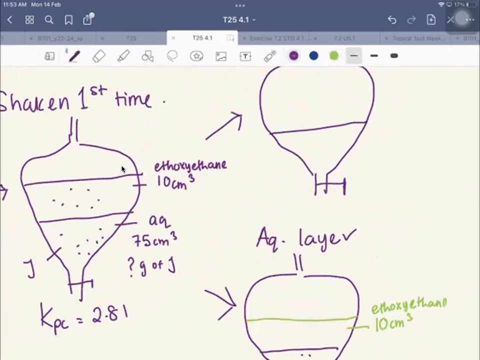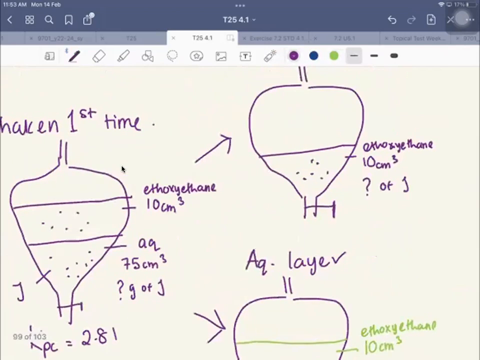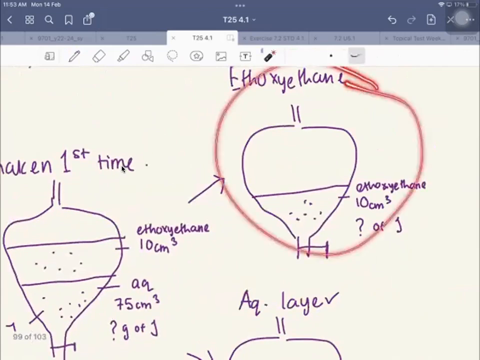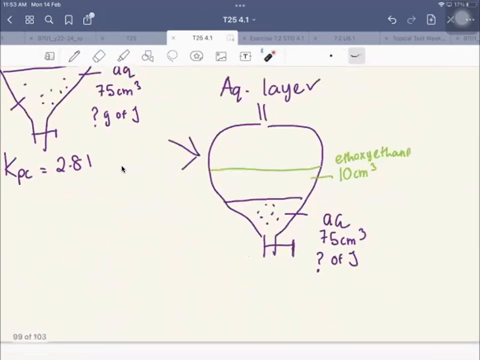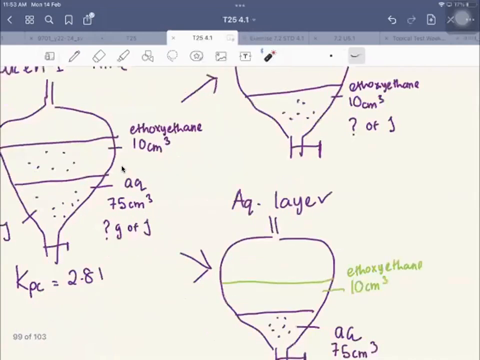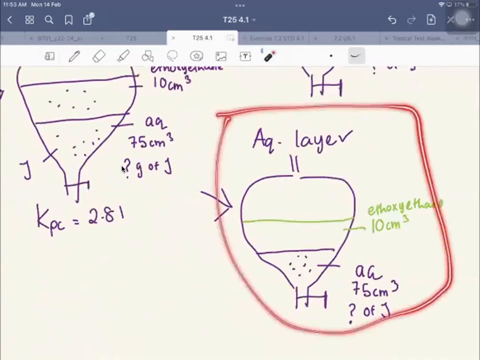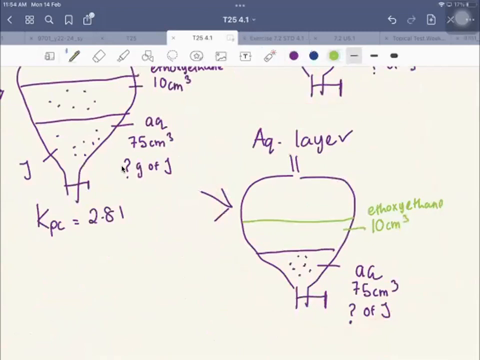So then this ethoxyethane is 10 cm³ and it contains a certain amount of J. But this layer, if you read the question, I don't need it anymore. So my focus is now on this aqueous layer where I add a new fresh solution of ethoxyethane.